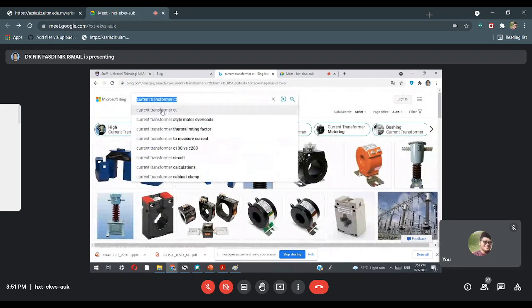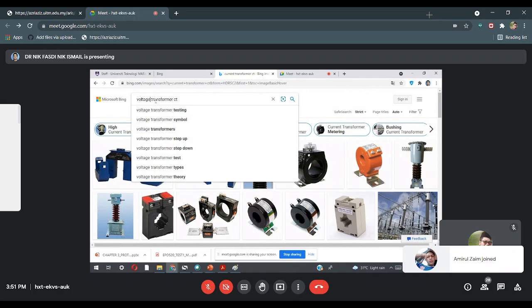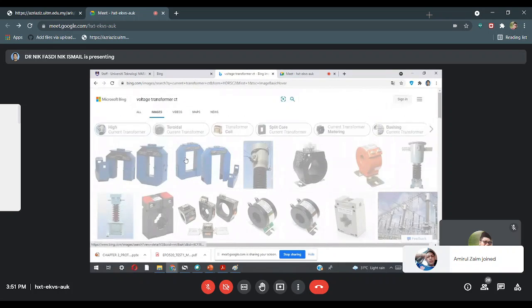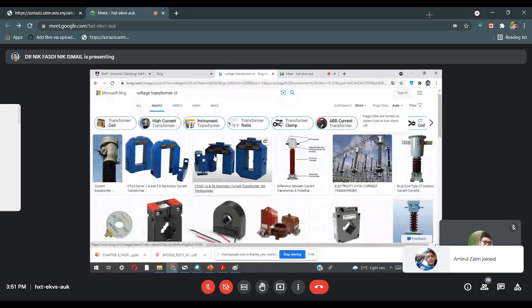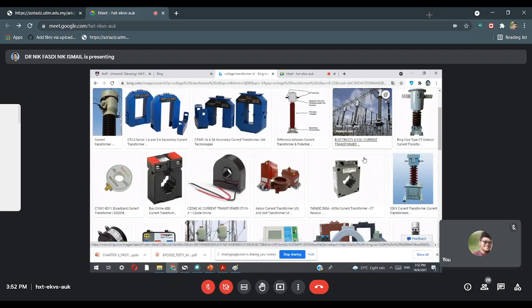Satu lagi, voltage transformer. So this is voltage transformer. Okay, you tengok dekat incoming PPU, banyak voltage transformer untuk protection sebenarnya.